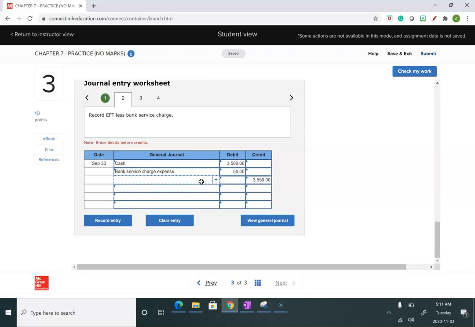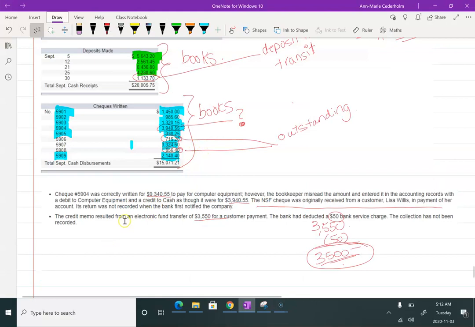I believe it was a customer that paid us. Let's just go back and check. So it does say right here that the credit memo was an electronic funds transfer from a customer. So my instinct would be to put it against accounts receivable, but I am looking at the answer key and they actually put it against notes receivable.